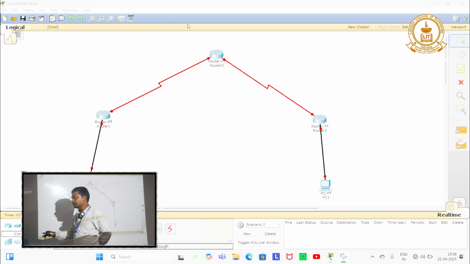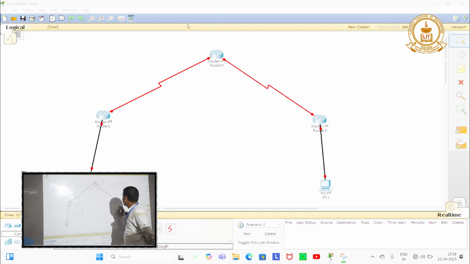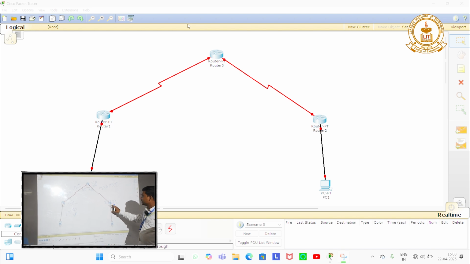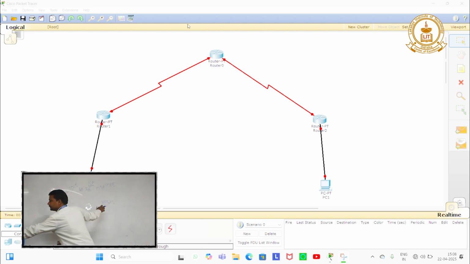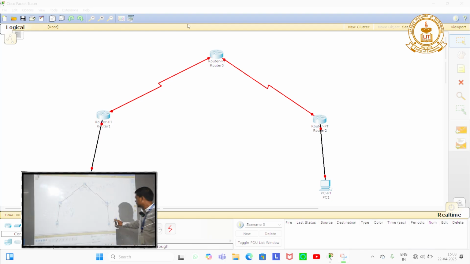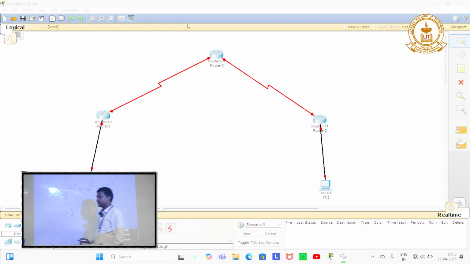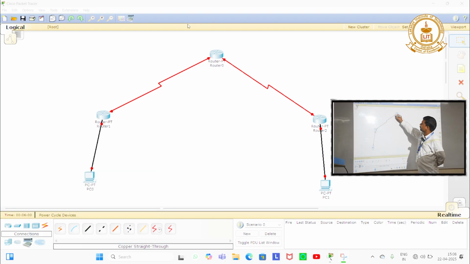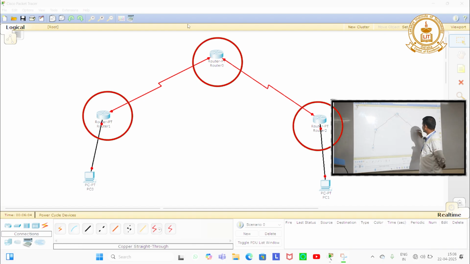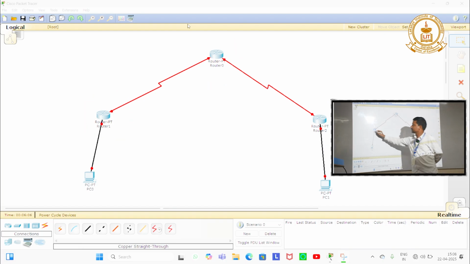Okay. So another thing is this is the router, LIT1 router. Also LIT1 router is connected to PC1. So PC1, first is your this port, this port, and this port.